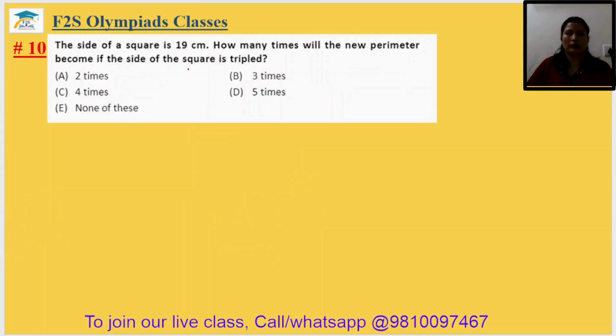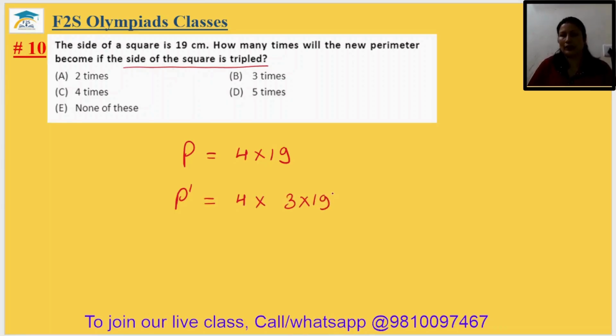Come to question number 10. The side of a square is 19 centimeter. Okay. How many times will the new perimeter become if the side of the square is tripled? So perimeter will be equal to 4 multiplied by 19. Now new perimeter will be equal to, since the side of the square is tripled, 4 multiplied by 3 into 19.